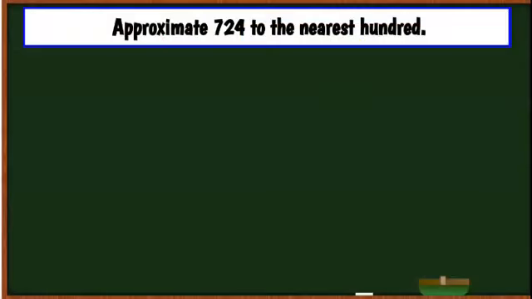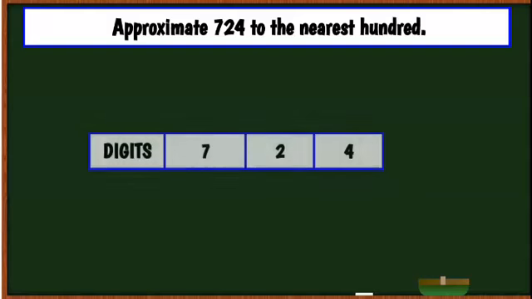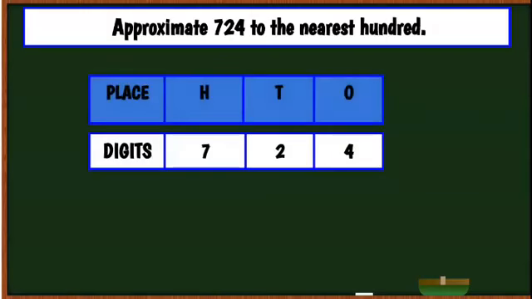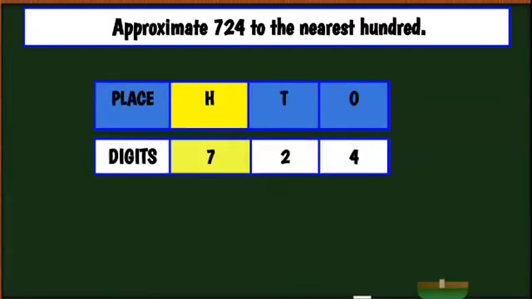More examples. Now approximate 724 to the nearest hundred. So we have our number, and here we have the place value of each digit. Remember, we have to find our hundreds digit.